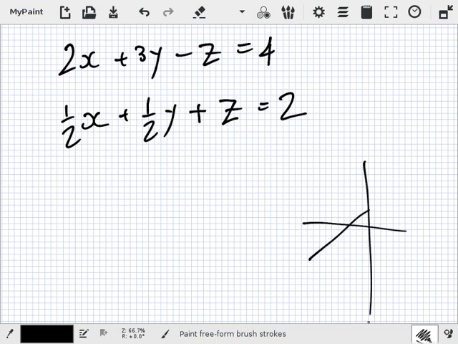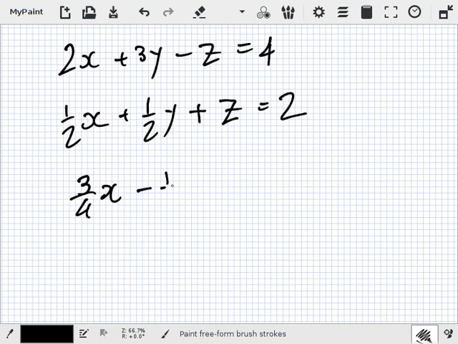That's only guaranteed when there are 2. 3/4 x minus 1/4 y plus z equals 3/2. I really hope this has a solution. Is that okay? Alright.